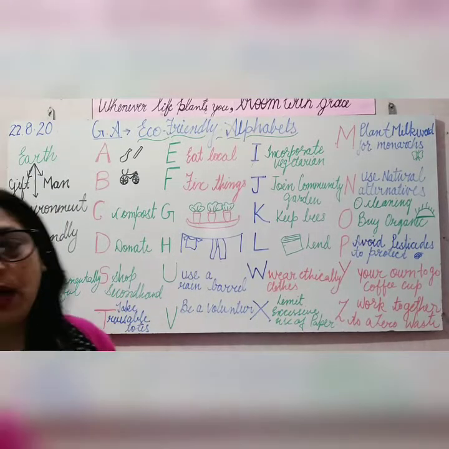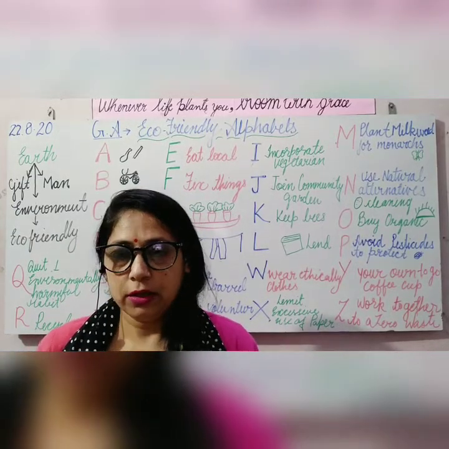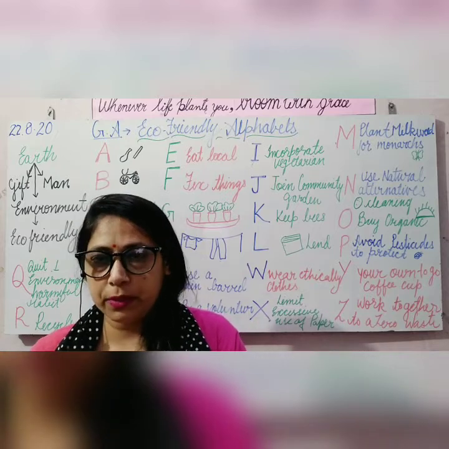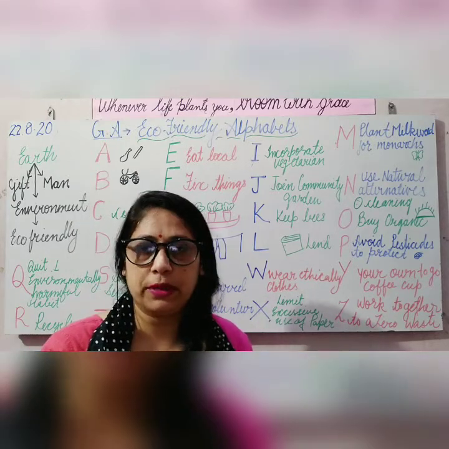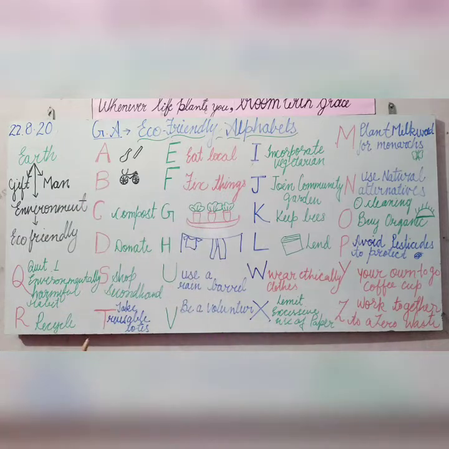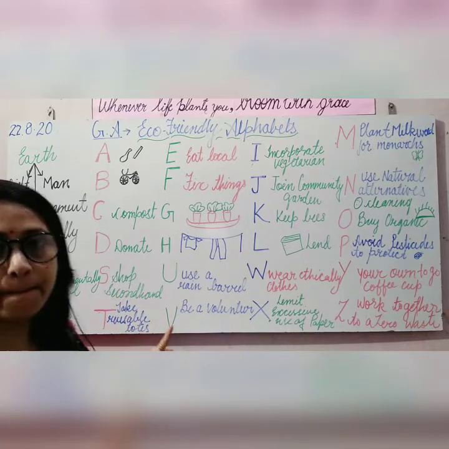For example, we can purchase second hand books from our friends. Okay, in this way we can save paper. If we can save paper, trees will not be cut down. Okay. T for take reusable totes for the grocery shop. Tote means bags.